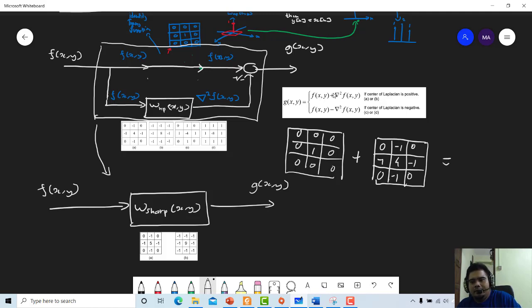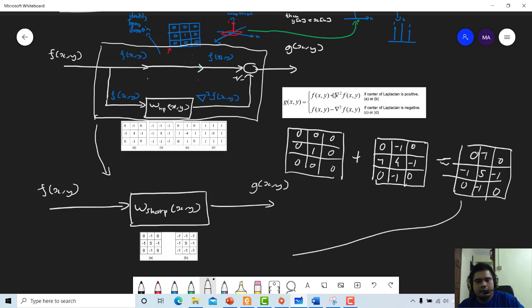That's why the kernel becomes like this. If you add them together, it becomes 5, minus 1, minus 1, minus 1, minus 1, 0, 0, 0, 0, which is this one.